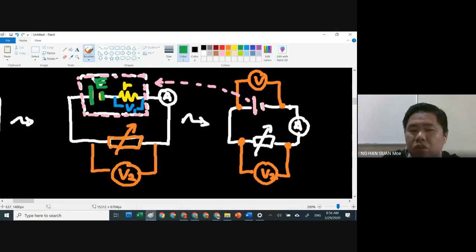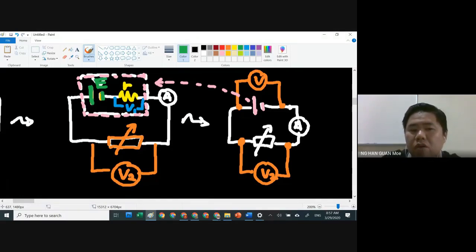But the moment we switch on the circuit, the charge flows in the circuit, so now we have the current. And the current across the internal resistance will give the V1. It's the potential difference, or we call it work done over the charge, across the internal resistance.